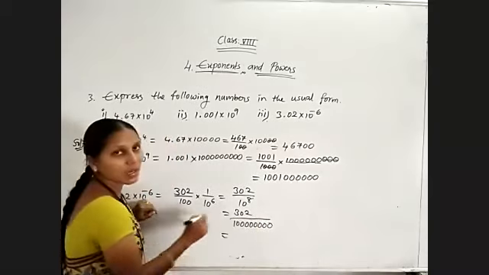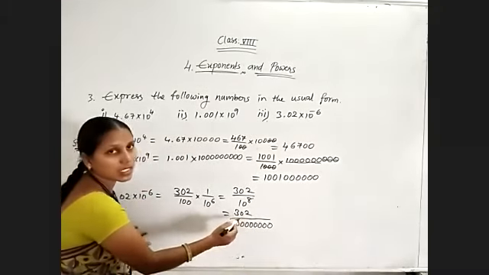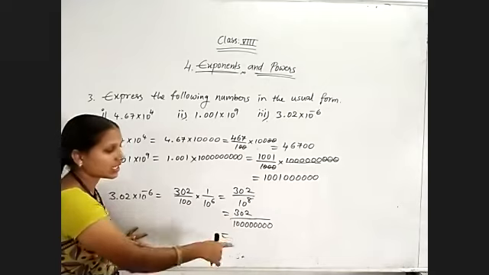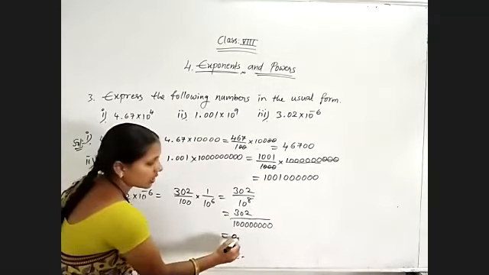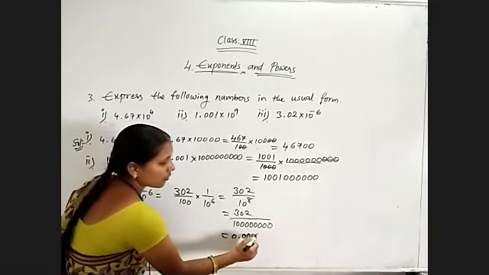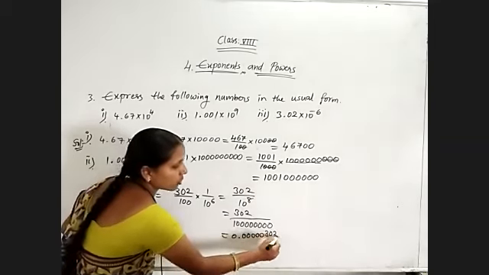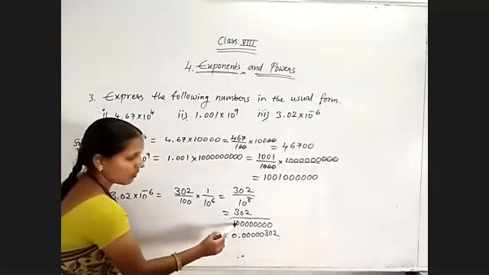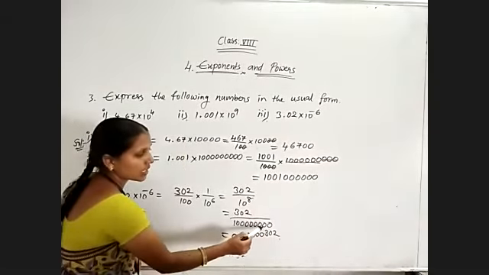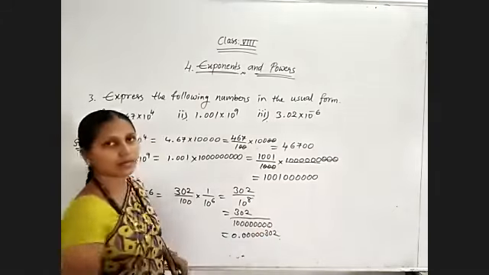Now write its decimal value. 3 digits already we have. The remaining 5 digits we will get zeros. That is 0.00000302, totally 8 decimal digits: 1, 2, 3, 4, 5, 6, 7, 8.